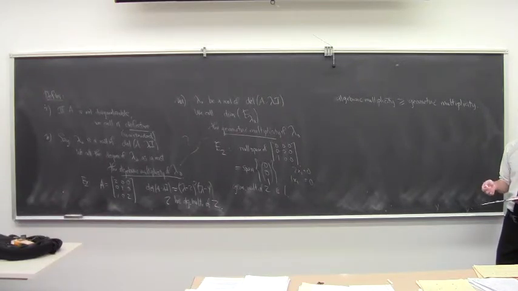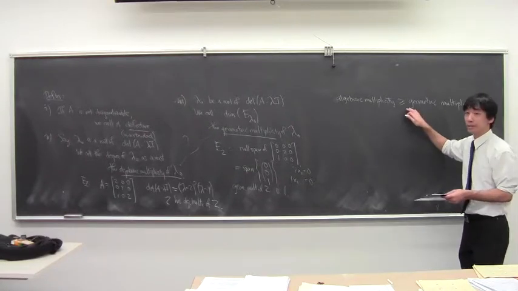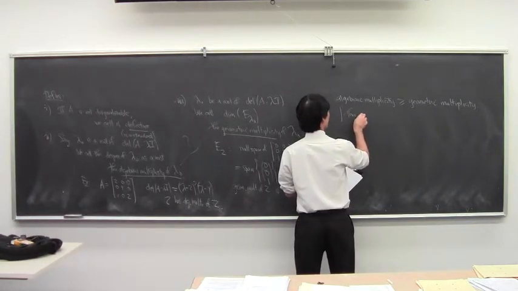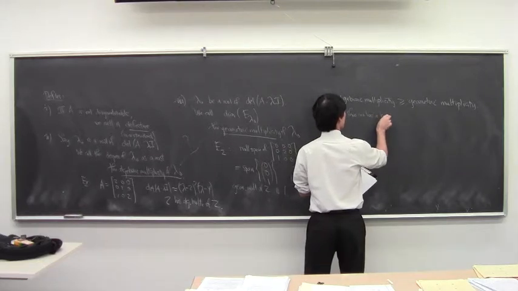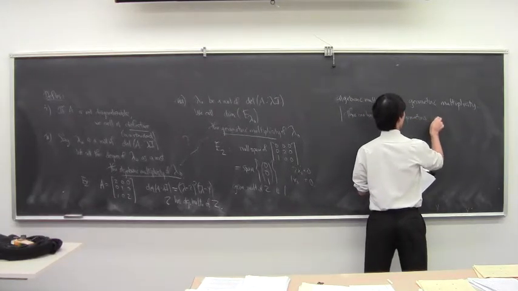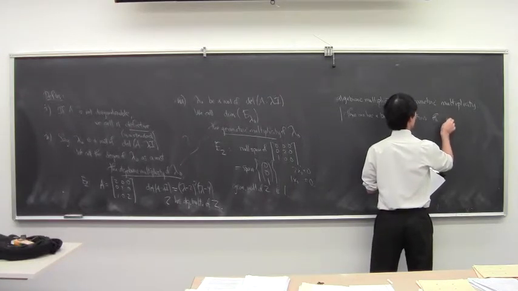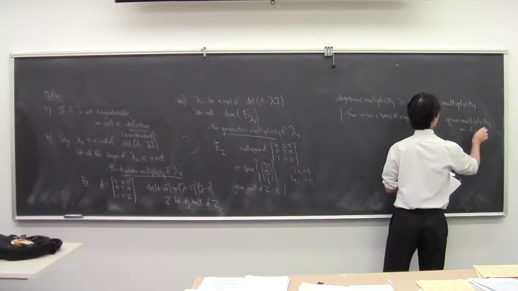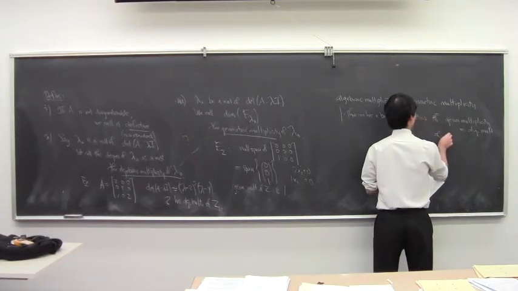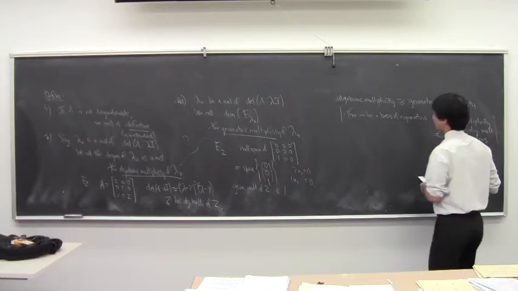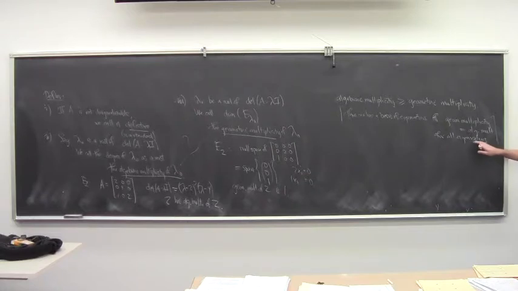And so if this is true, thus one has a basis of eigenvectors if and only if the geometric multiplicity equals the algebraic multiplicity for all eigenvalues. That's the only way that's going to happen.